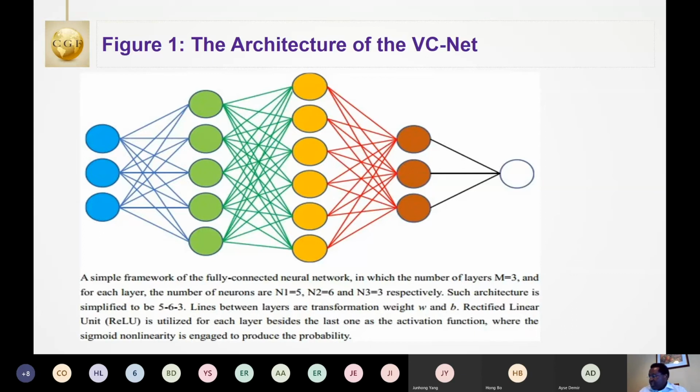For example, 64 neurons, and then two other layers, 64, 128, 256. You can expand, and in the diagram here, you are looking at the 5, 6, 3, but you can end up at 64, 128. 64 is the maximum that we experimented with in this structure.